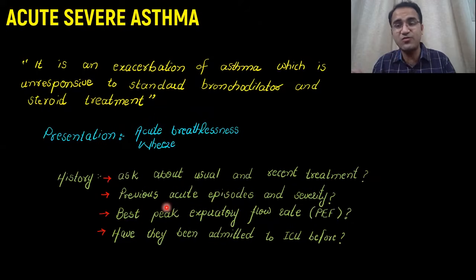What is peak expiratory flow rate? We'll discuss it in a while. You also have to ask whether they have been admitted to ICU before for an acute exacerbation of asthma or not. These are some important questions that you need to ask.